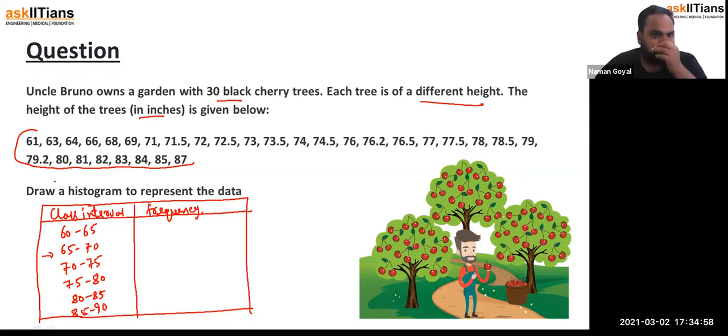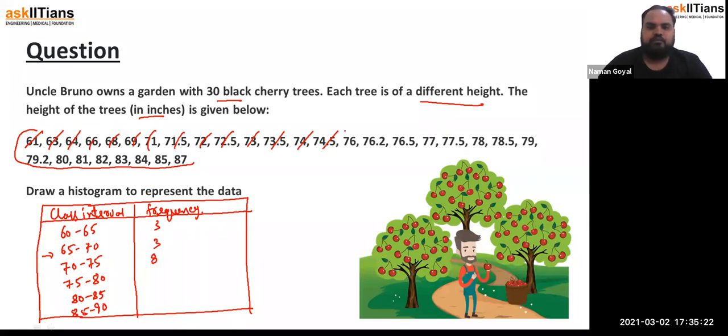Now for 60 to 65, how many trees are in this class? 1, 2, 3. Now for 65 to 70, 1, 2, 3. Now 70 to 75, 1, 2, 3, 4, 5, 6, 7, 8.